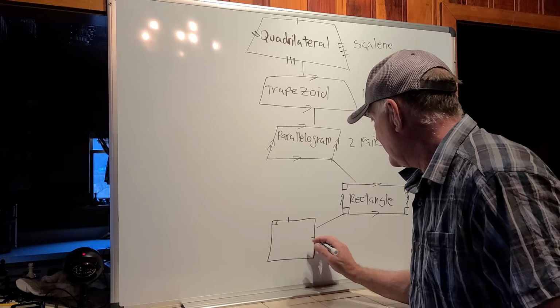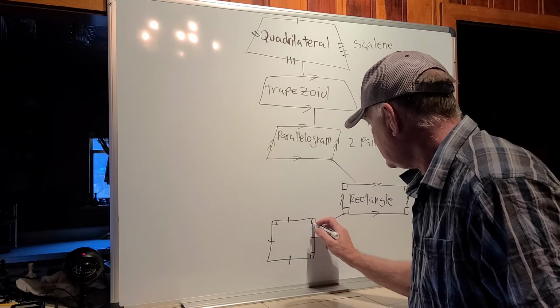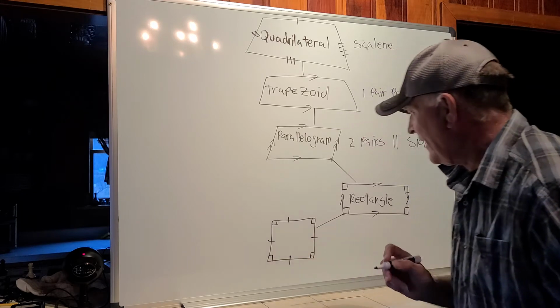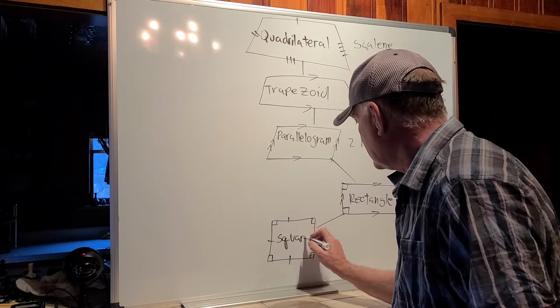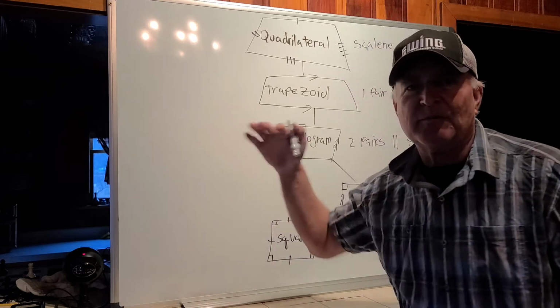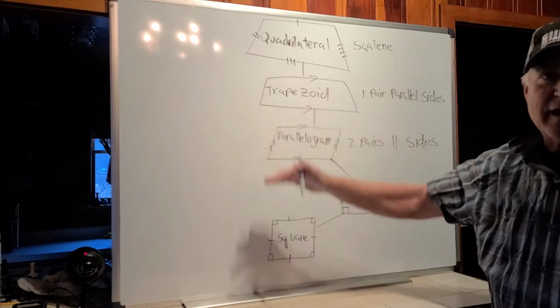It's a special rectangle. It has four sides equal and four right angles. That's a square. And I'm showing you basically the relationship between all these quadrilaterals, right?